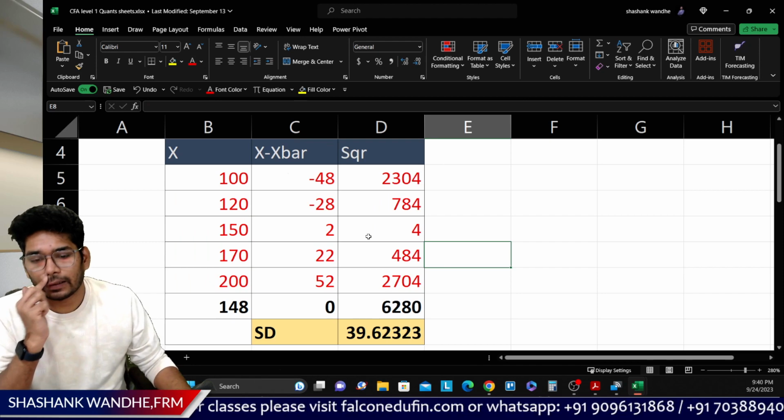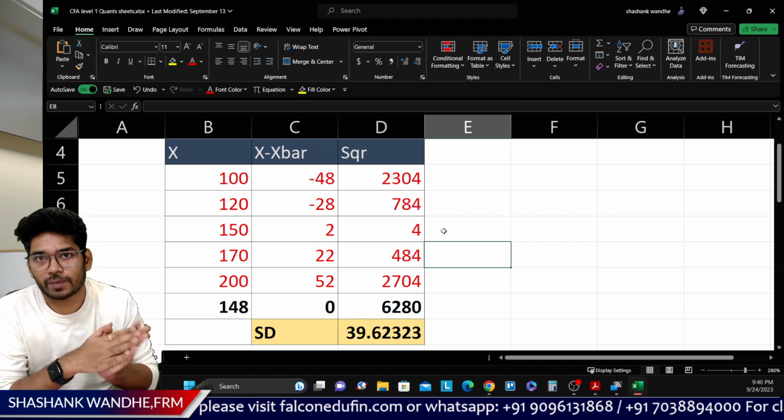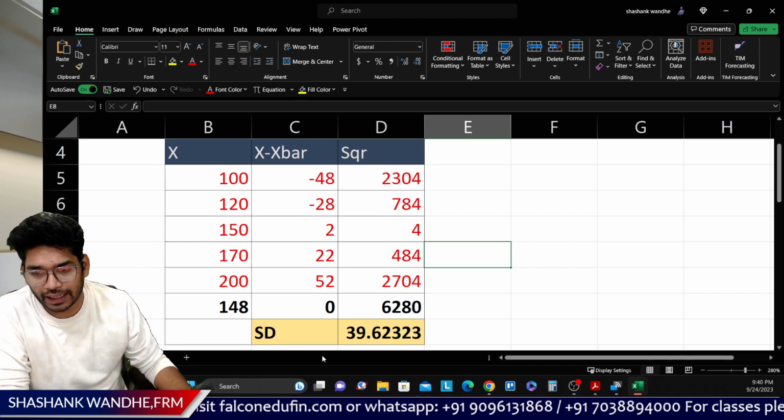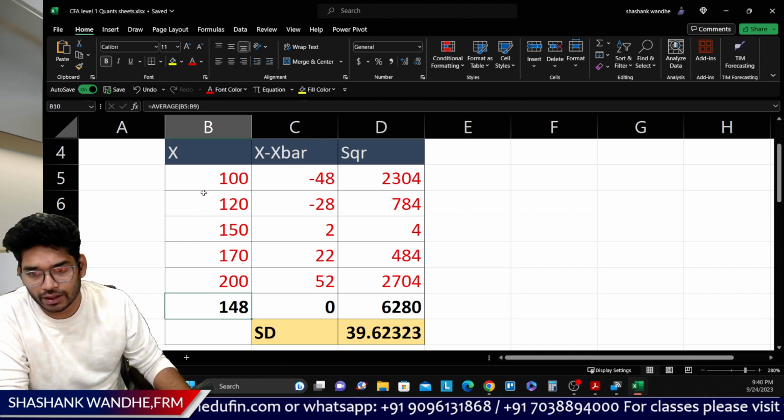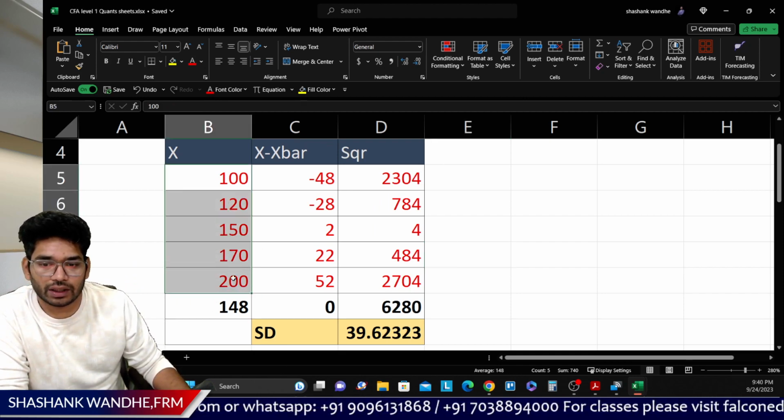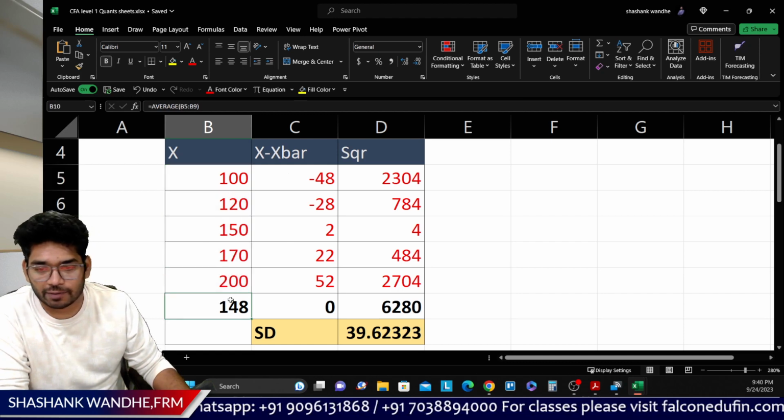Now see here, our formula is x minus x bar. So obviously first we will need the x bar, and this is your x bar. Okay, so simply take the total and divide it by 5 and you will get the x bar.